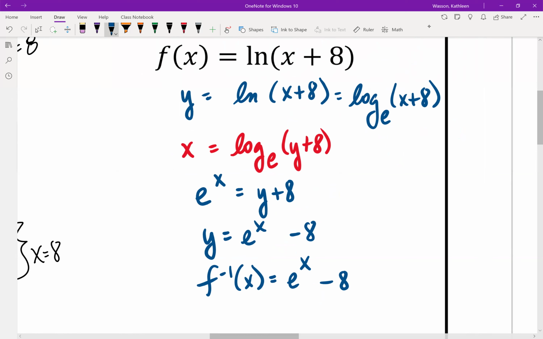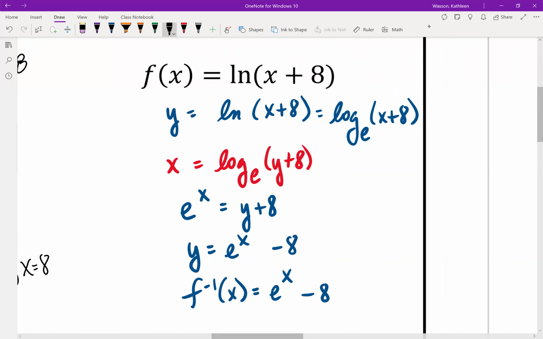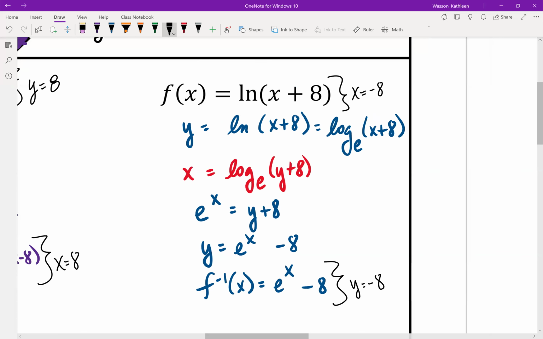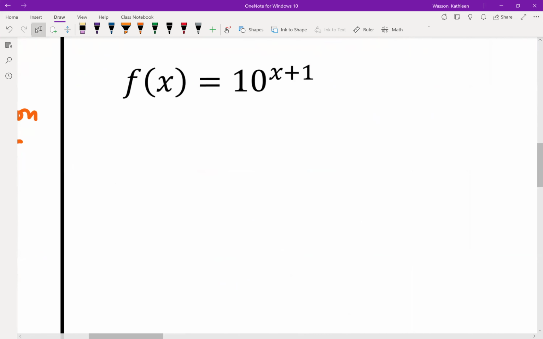It's not an h, it's a k. My original asymptote is x equals negative 8. My inverse asymptote will be y equals negative 8. I have 3 more examples. Let's get to going. Here, I have an exponential equation.